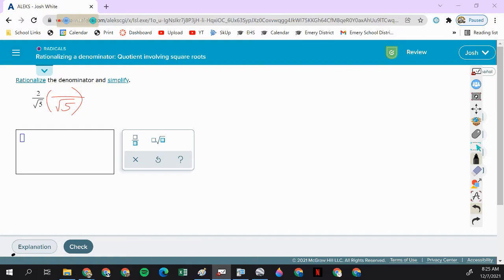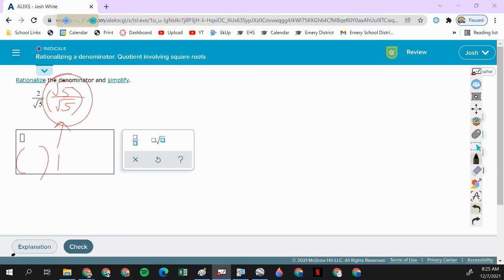So I need to turn this fraction into the number 1. And I have to have the square root of 5 on the bottom. So I put the square root of 5 on the top, and this number becomes 1. And anything times 1 is itself. So we're going to alter how the fraction looks, but we will not be changing its value.